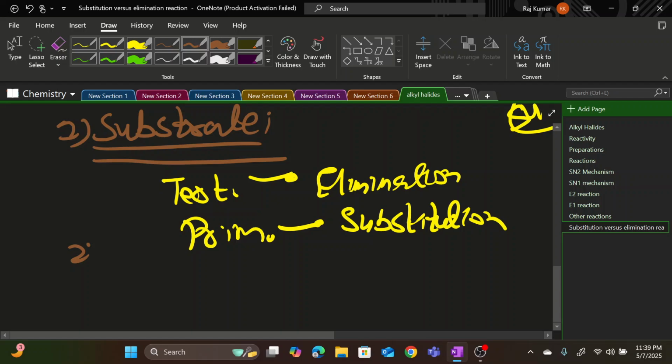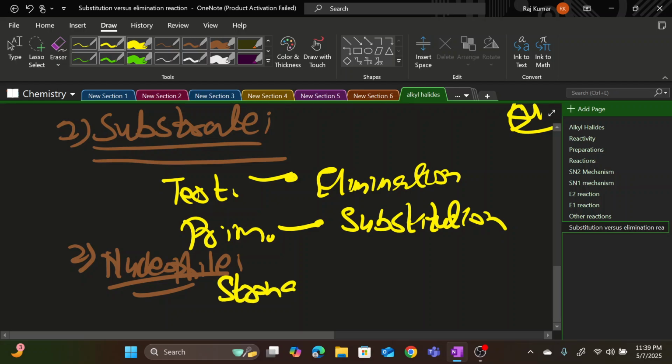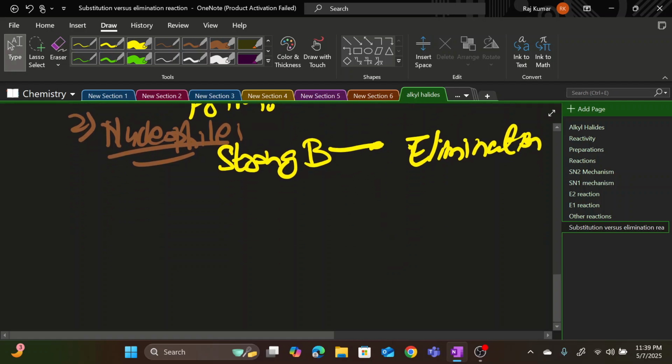Second point which needs to be considered is the nucleophile. If the incoming nucleophile is a strong base, then it's going to favor elimination. We have understood that a strong base has more power to attract the beta hydrogen towards itself.